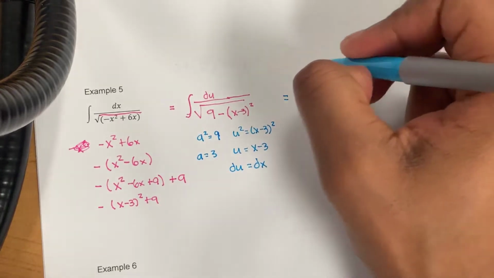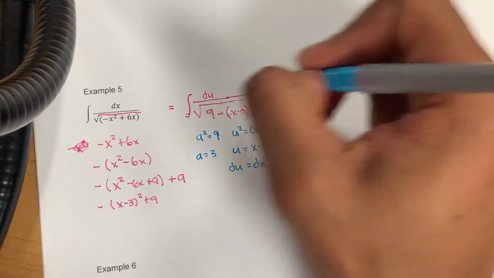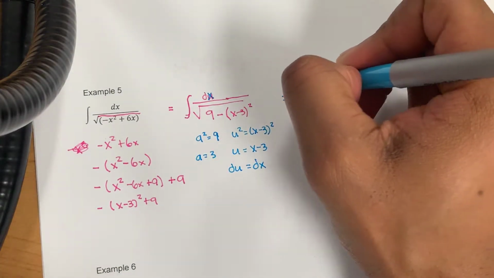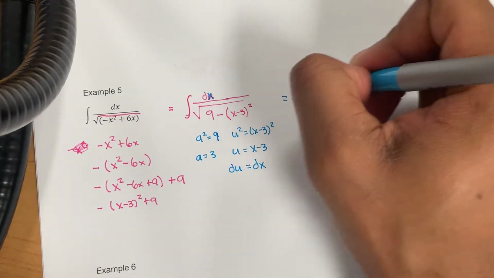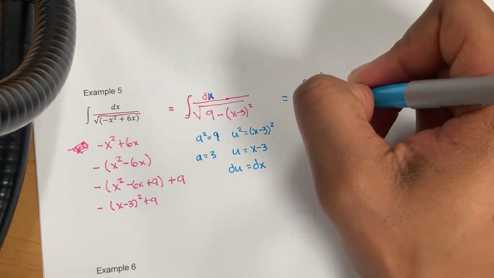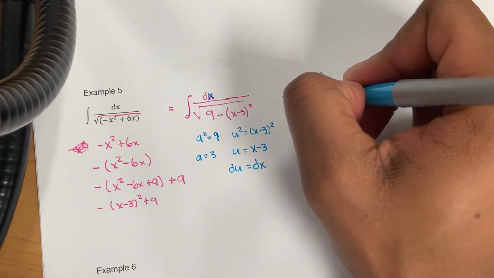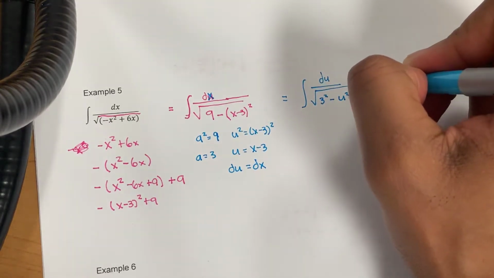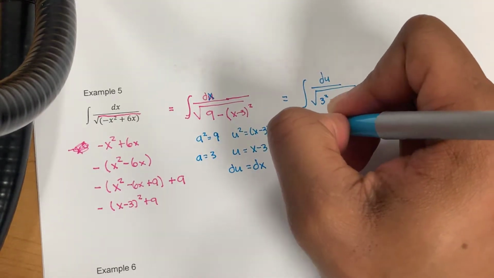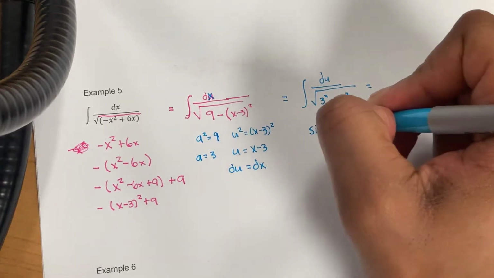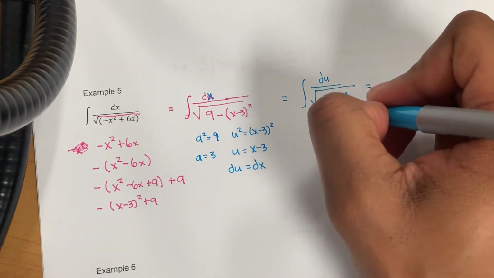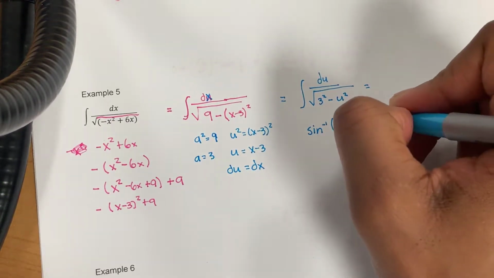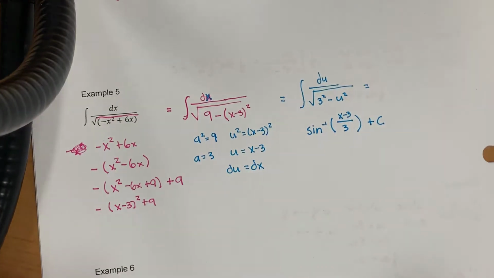So the rewrite on this integral is, this should be a dx, by the way. I don't know why I put du. So we get the antiderivative of du over the square root of 3 squared minus u squared, which is, we'll write it down here, sine inverse of u, which is x minus 3 over a, plus c.